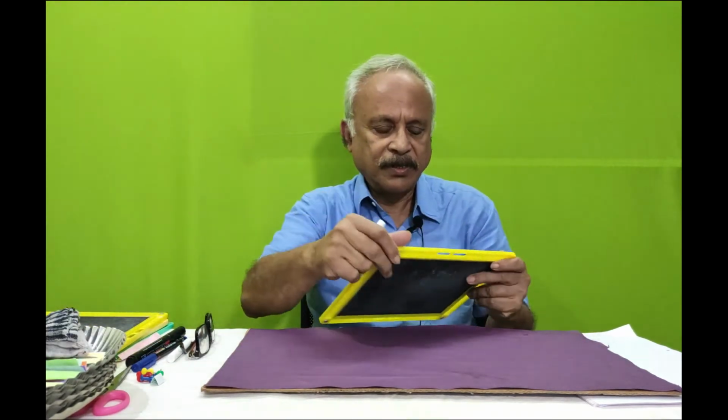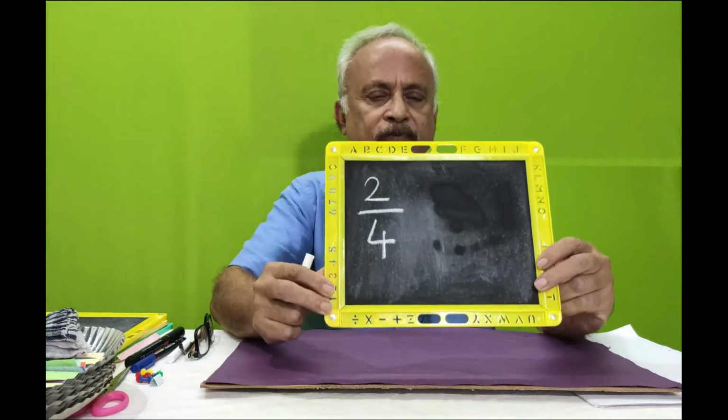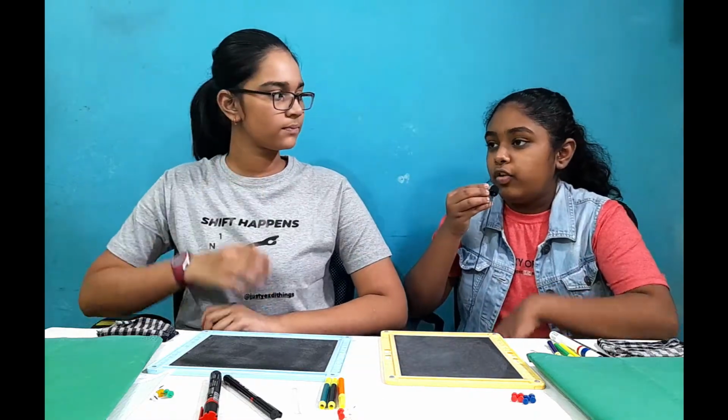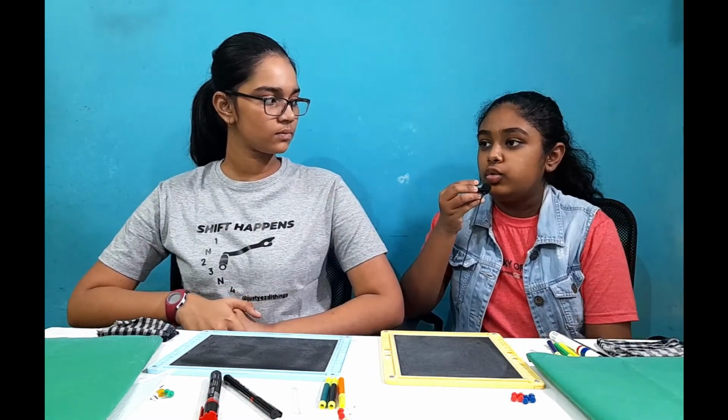Just answer orally. I want you to tell me the long form of 2 by 4. Navnirmiti? 1 by 4 plus 1 by 4 is equal to 2 by 4.